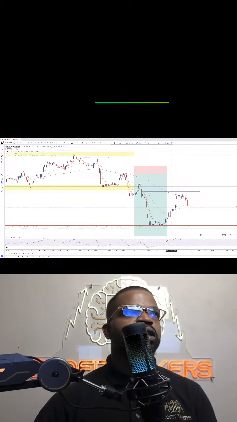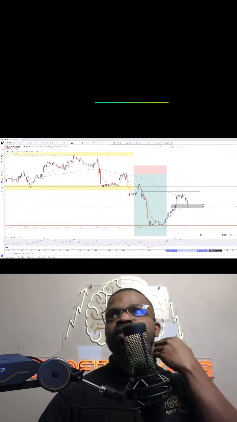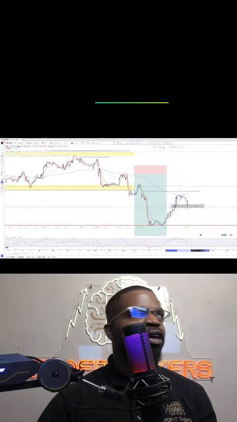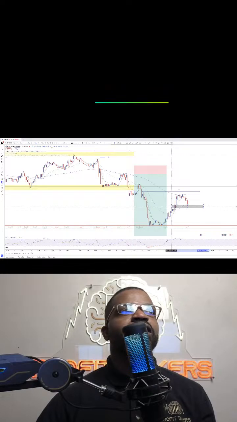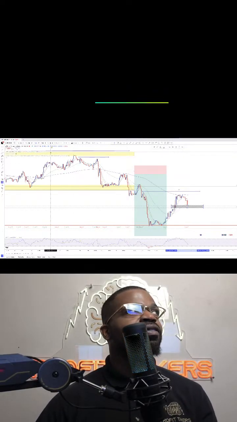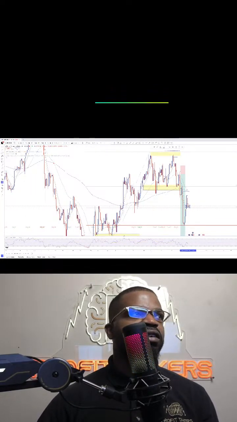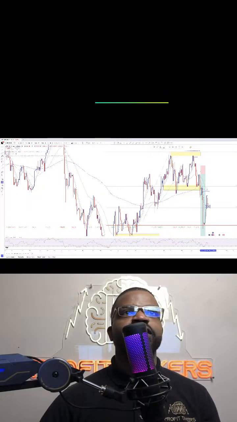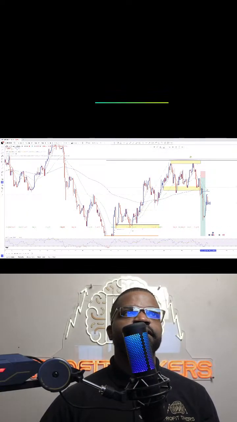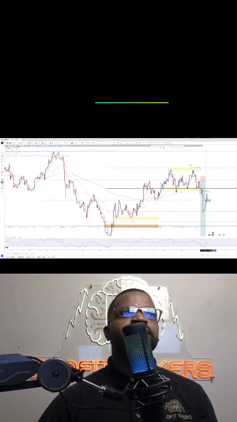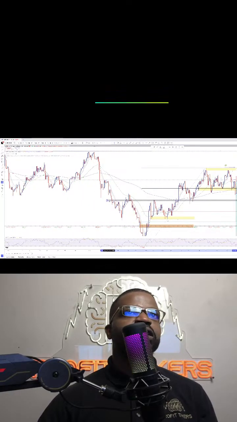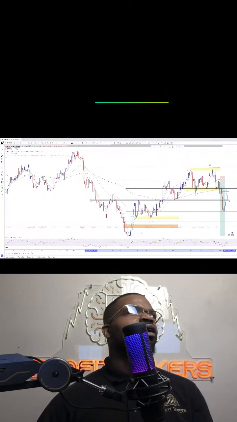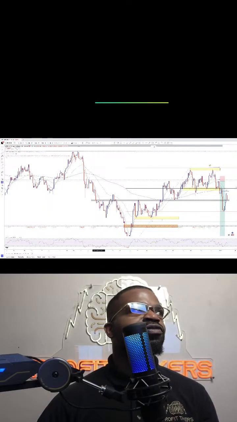Let's check. So when you look for major levels, because I know I'm saying that a lot, when you look for major levels in the market, what you want to do is look to the left. Look at the past. And if you just stretch this line across, this was definitely a major level of structure right here on the 4-hour.